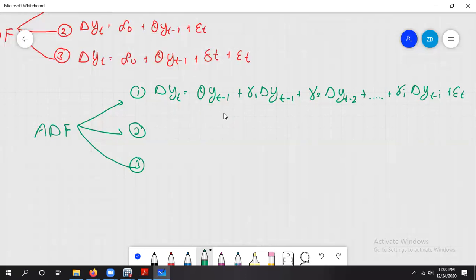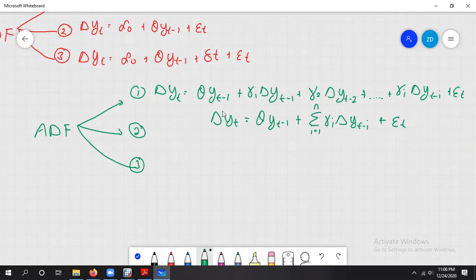And we can simplify it something like this: yt equal to theta yt minus 1 plus the sum of theta i difference yt minus i, where i starts from 1 until n, plus the error term.